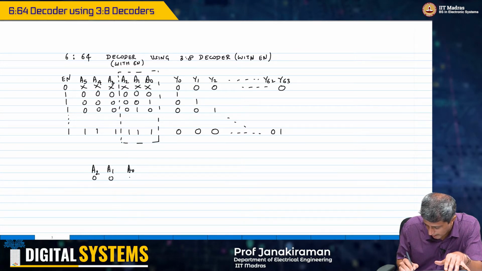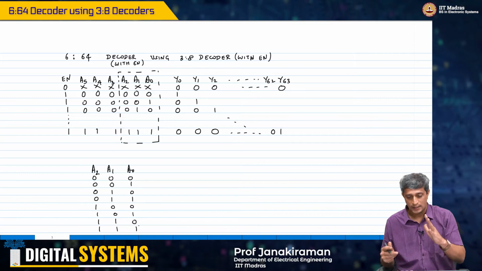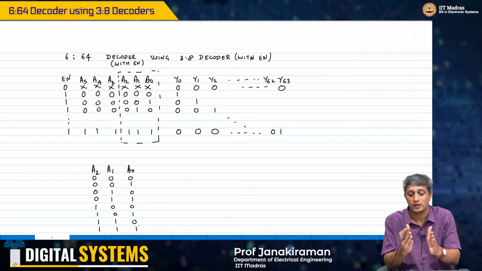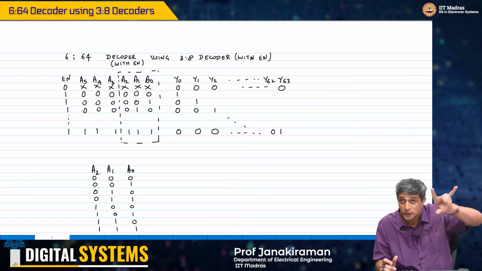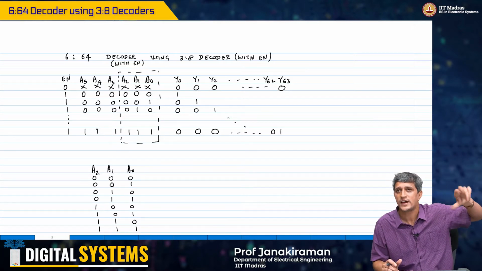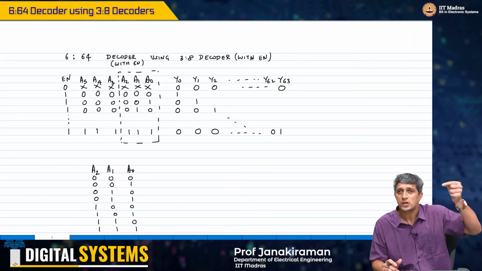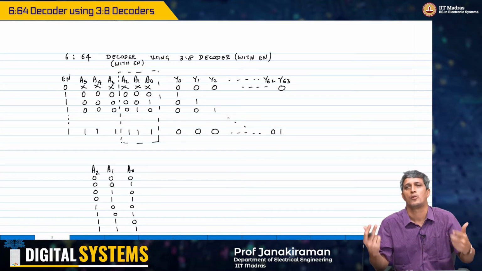This is going to go through 8 combinations: 0 0 1, 0 1 0, 0 1 1, 1 0 0, 1 1 0, 1 1 1. Now depending on the other 3 bits A5, A4, A3, each of which can independently go through 0 1 combination, and hence they have 8 combinations, for each of those 8 combinations, A2, A1, A0 will go through its own 8 combinations.